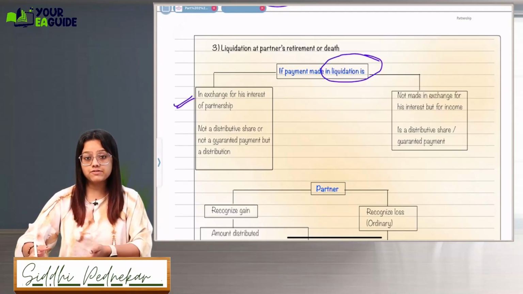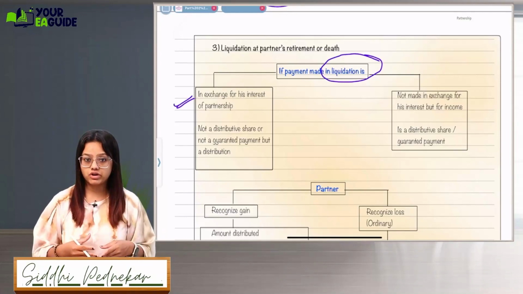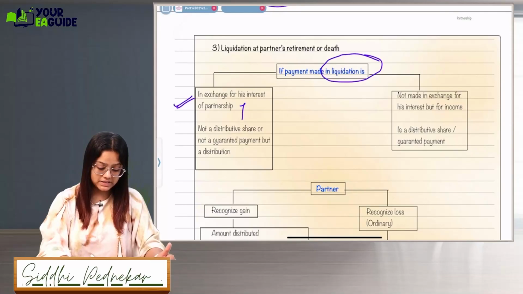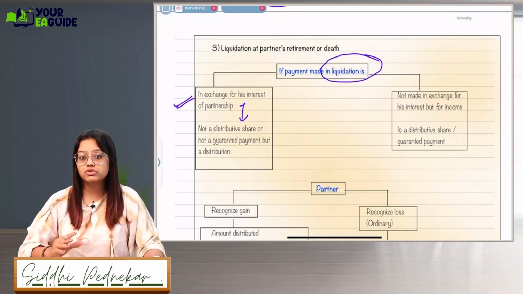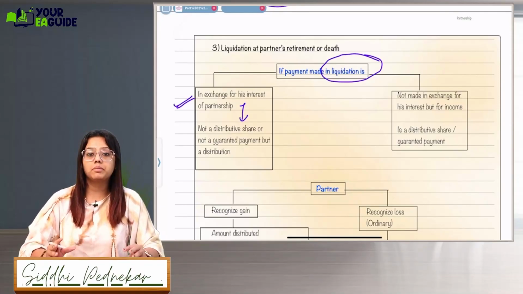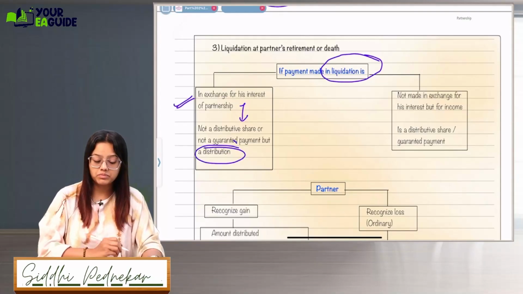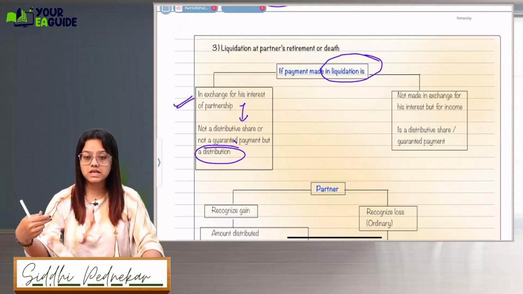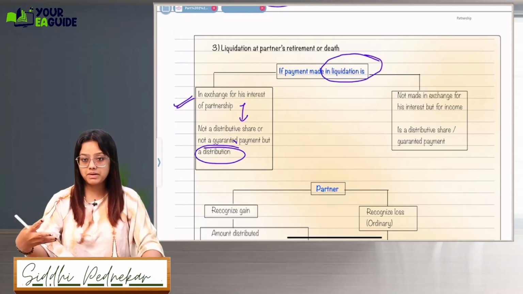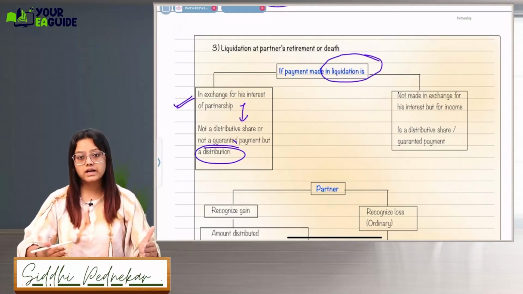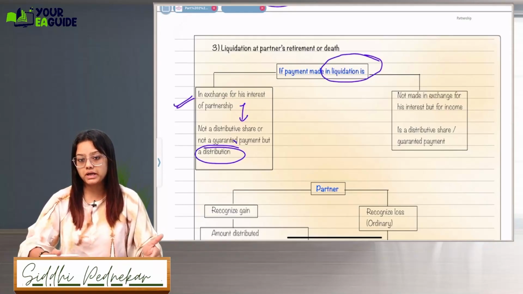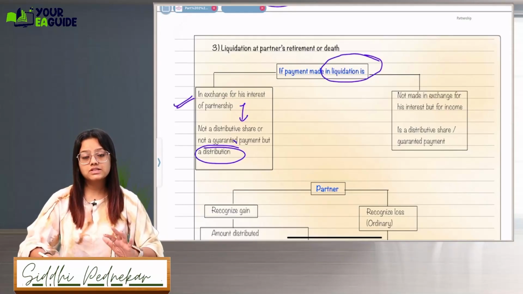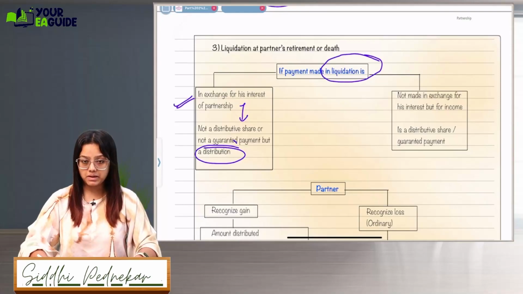Whatever he receives in exchange for his interest will not be considered a distributive share or a guaranteed payment, but a distribution. Anyway, the partnership firm is getting liquidated, and against that if you receive your share or some property, these distributions will not be called a normal distribution or a guaranteed payment.